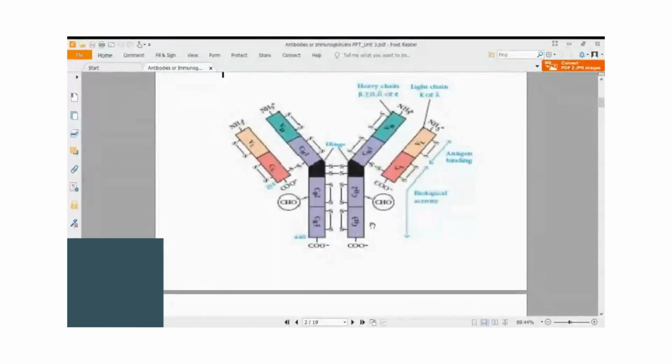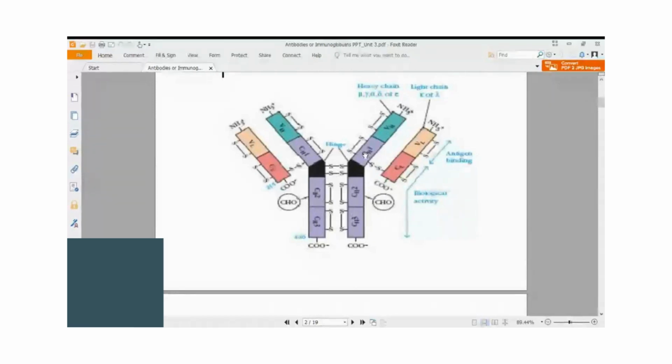Now, when the sugar residues are not there, and when the antibody does not contain the FC arm, that antibody becomes highly unstable. It is temperature sensitive and can get denatured very fast. Therefore, monoclonal antibodies that are prepared without the FC arm are always kept below 0 degrees to protect them from degradation.